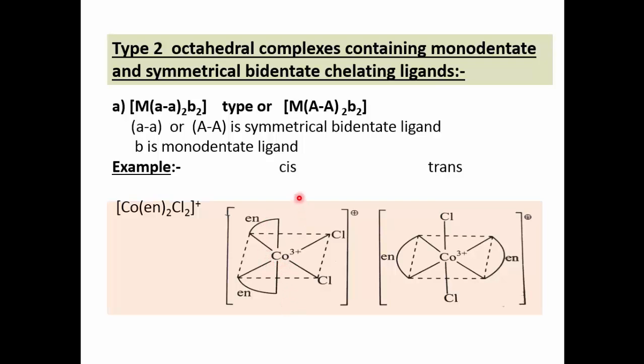Therefore this is cis structure, while this is the trans structure in which we observe that chloride ions are present at 1 and 6th position, which are opposite to each other, and these rings are also present opposite to each other. Therefore this is trans structure, this is cis structure.